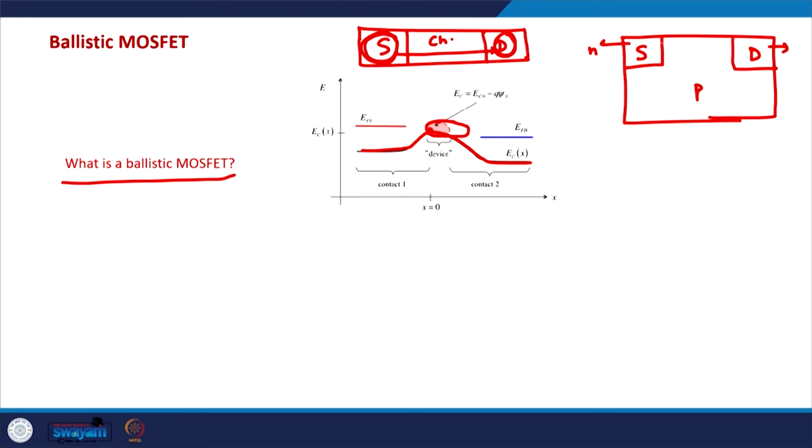So, in a way there is a PN junction at the source and the channel region, and there is a PN junction in this region, and depending on the doping of the channel and the contacts, this depletion width will be there. So, the actual active region of the MOSFET is this region, and this is what is shown here. This is the active device region in the MOSFET, and in this region there is no scattering.